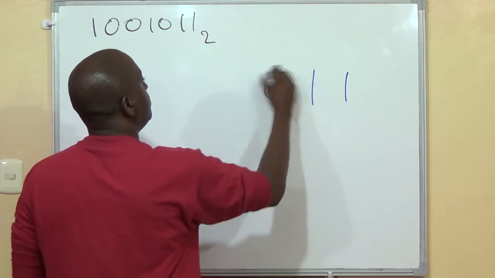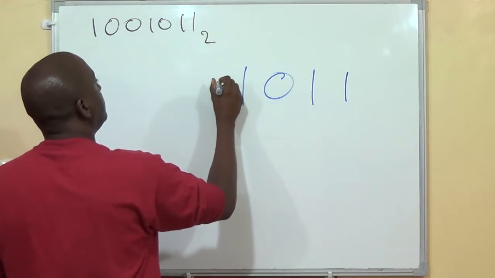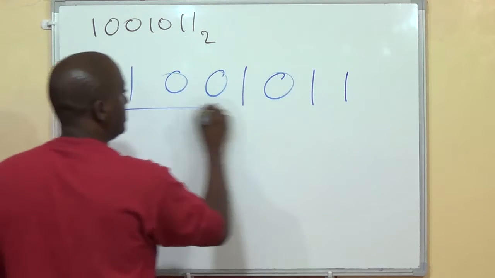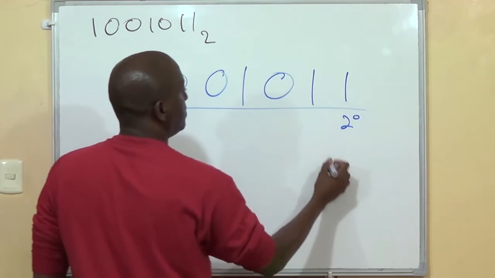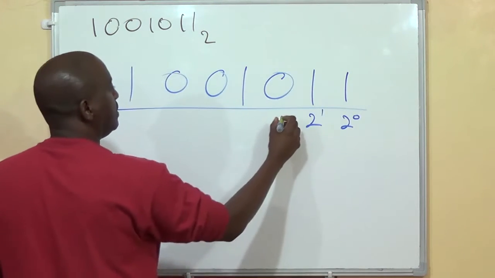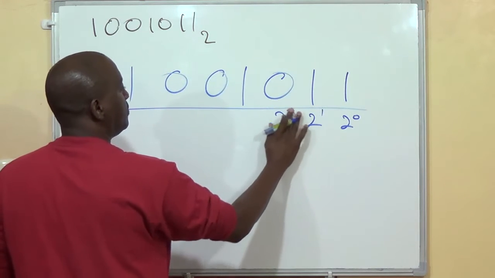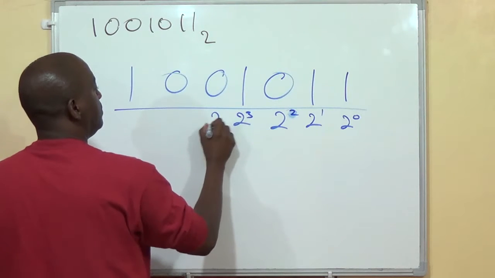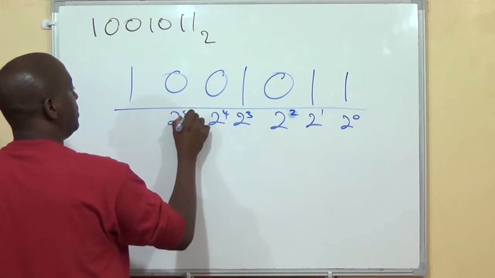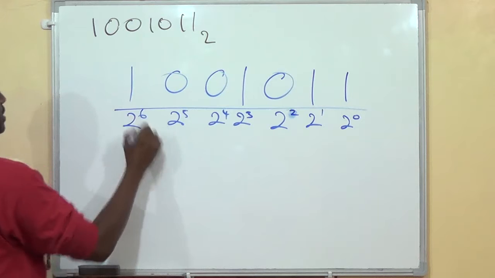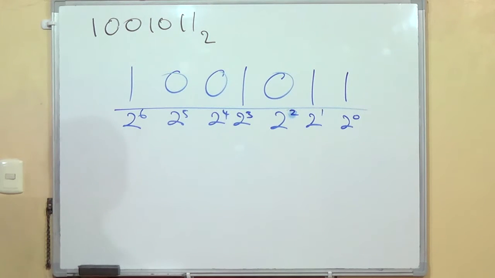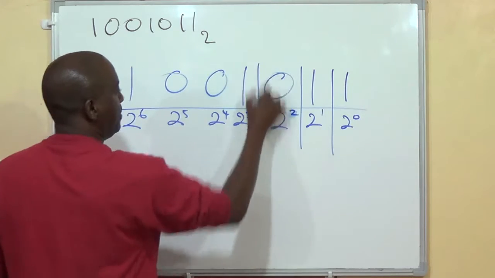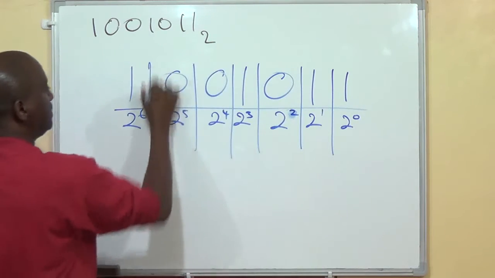Of course this will be 2 to the power of 0, this will be 2 to the power of 1, this will be 2 to the power of 2, this will be 2 to the power of 3, this will be 2 to the power of 4, this will be 2 to the power of 5, and this will be 2 to the power of 6. We could separate them like this as well if we want.